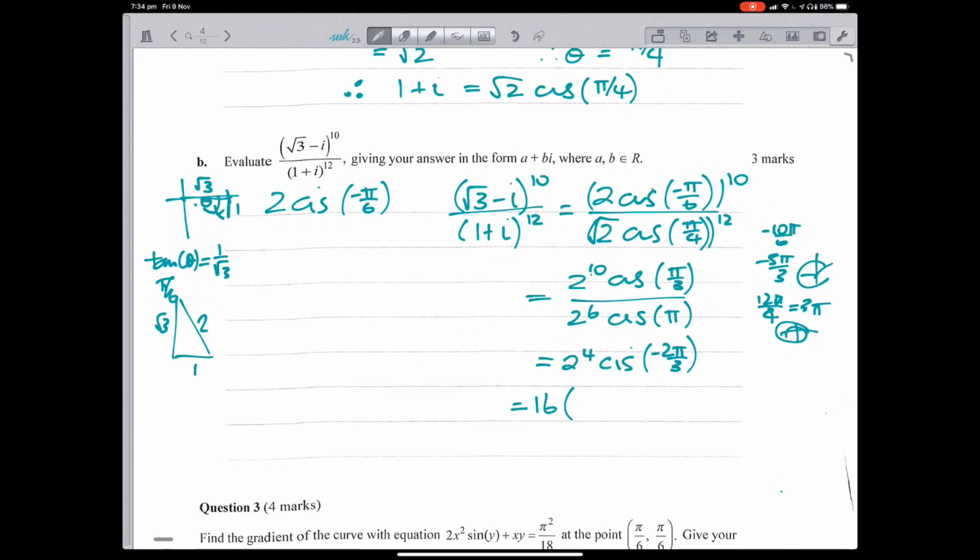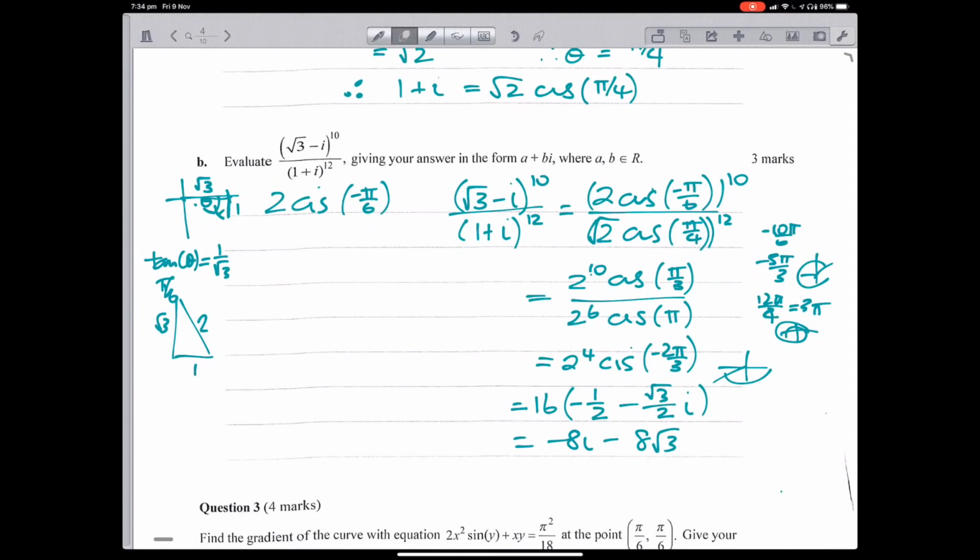That's in the third quadrant, so it's negative a half, minus, because sine in the third quadrant as well is going to be negative root 3 on 2 i, which is negative 8 i. And then minus 8 root 3.